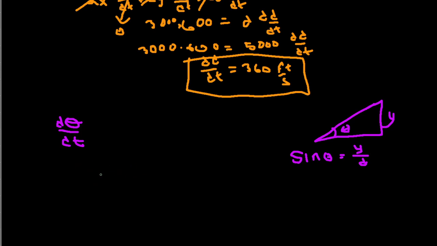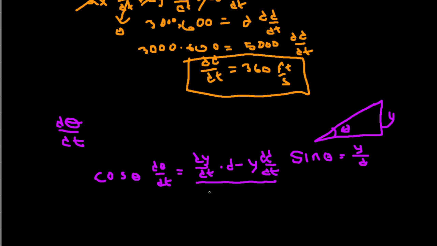The derivative of sine is cosine theta dθ/dt. And we're going to need to use the quotient rule. So derivative of y is dy/dt times d minus y dd/dt, all divided by d squared.